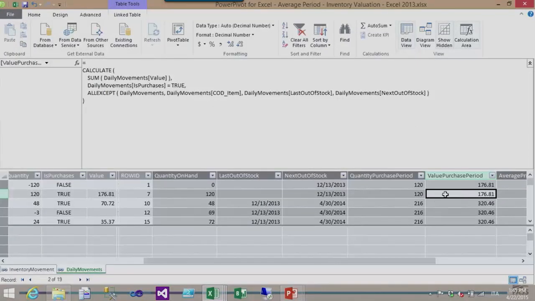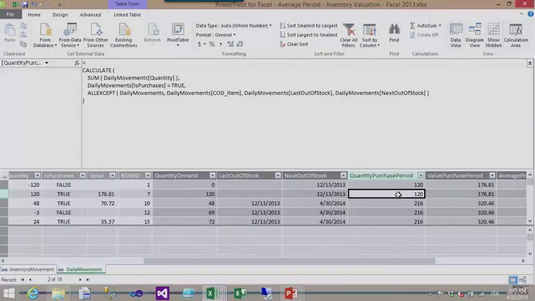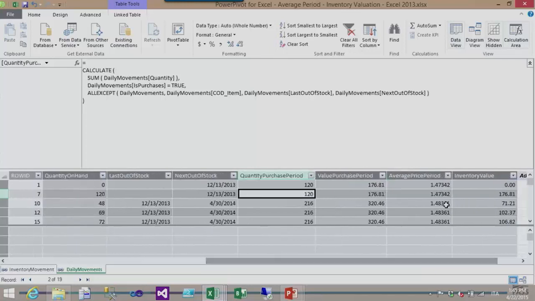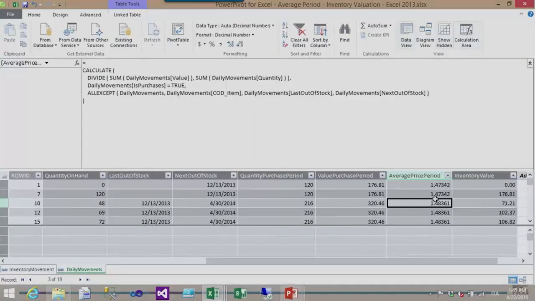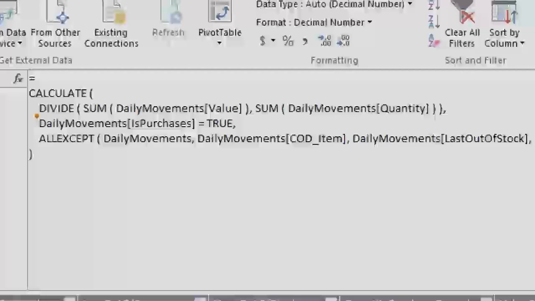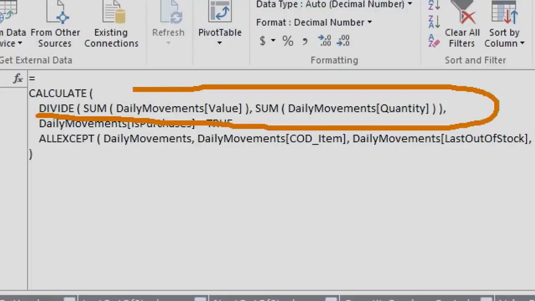What I do at this point, I sum all the values, all the quantities of purchases, and the division between value and quantity is the average price period, which is what you have here. Actually, I only need the price, but I'm showing you everything to show you all the steps.